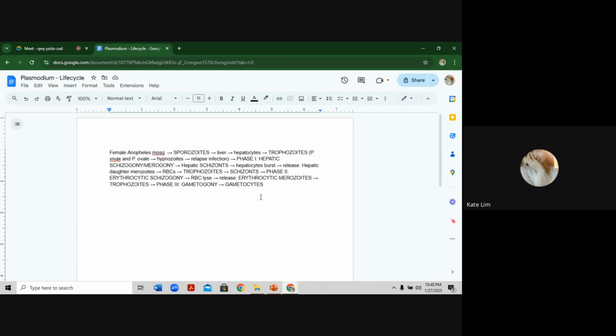So let's return to the mosquito. When a female Anopheles bites an infected human, it ingests what? The gametocytes, right? These gametocytes are the infective stage for the female Anopheles mosquito.